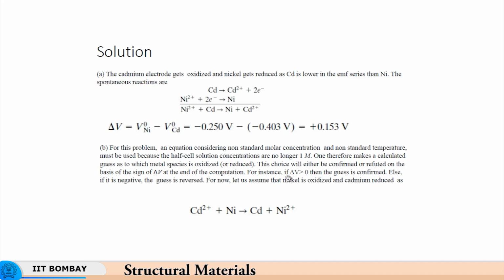So one has to make an initial educated guess as to which metal species will get oxidized and which will get reduced. And as I was explaining earlier, when delta V acquires a positive sign, then the choice is right. If delta V acquires a negative sign, it means that the educated guess we had made was wrong.